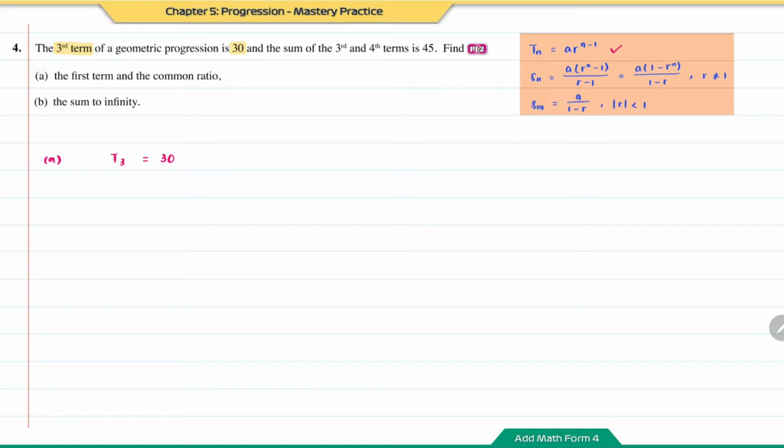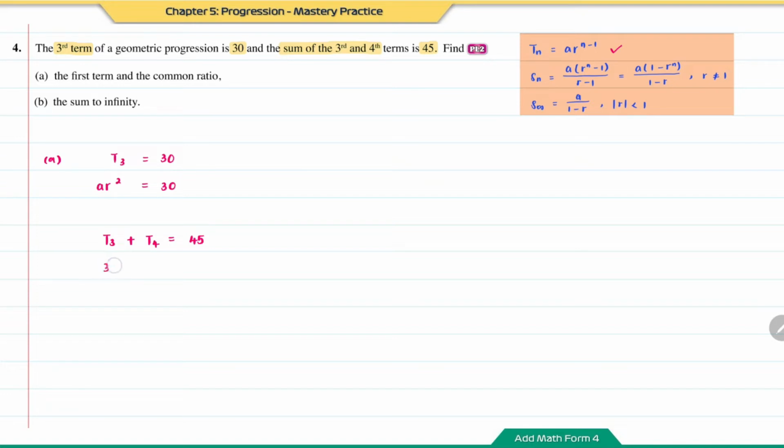We're going to refer to this formula to find the T3, which is AR to the n minus 1, 3 minus 1 is equal to 2. So this one will equal 30. The second information is that the sum of the third and the fourth term is 45, which means T3 plus T4 is equal to 45. Now we know that the third term is equal to 30.